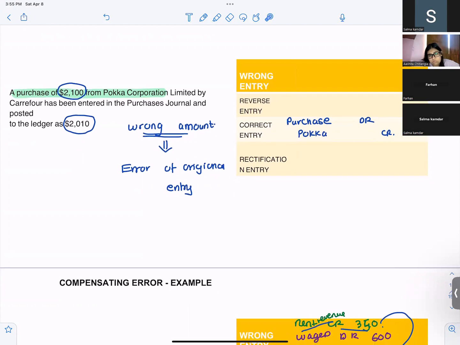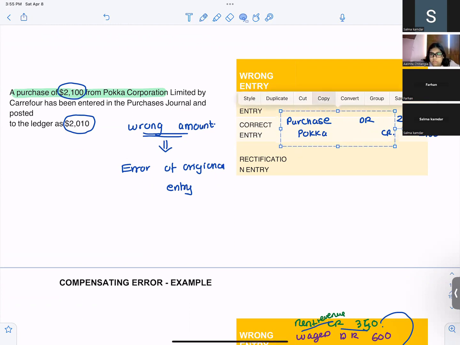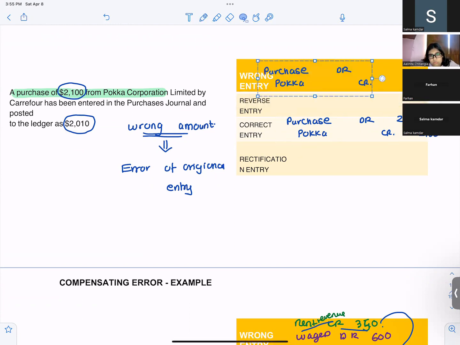What did you put the amount as? 2010. So you purchased for 2,100, but what did you put it as? 2010. So you passed the same entry, but you passed the entry for 2010. Now what you're going to do? You're going to reverse the entry.